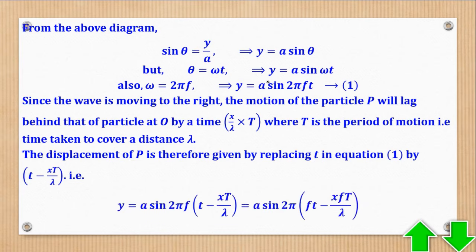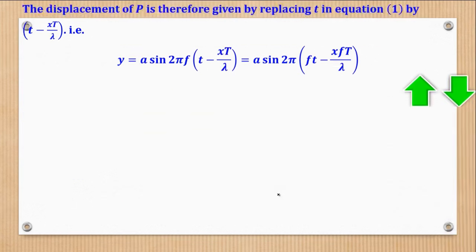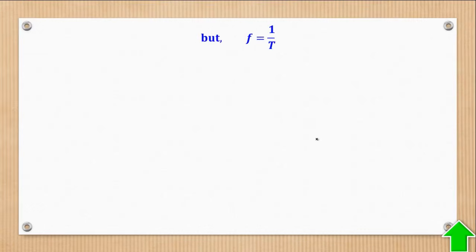So that means that when you substitute that here, where there was t, we shall put there the whole of this. And when I bring this f inside, I'll come up with ft minus xfT over lambda. But we know that frequency is equal to 1 over period, the inverse of period.